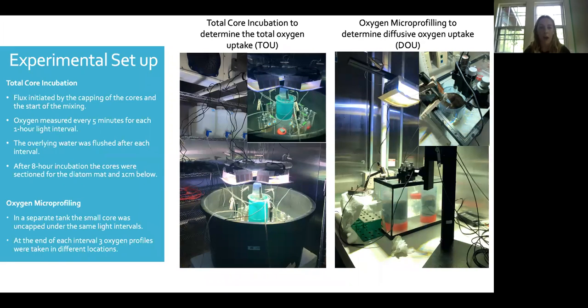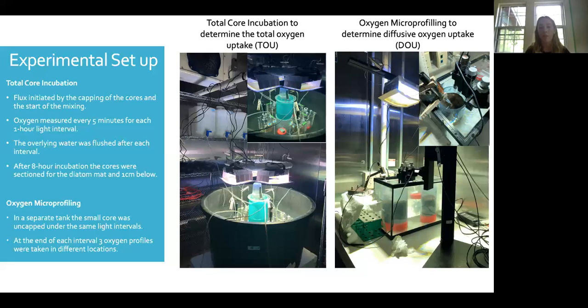Once they were all capped, as well as a blank core to account for any production or consumption already happening within the water column, the oxygen measurements started once the caps were put on and the mixing of the overlying water column was started. It was measured every 5 minutes for 1 hour light intervals ranging from 0 to 120 micromole photons per meter squared per second. This lasted for an 8-hour incubation.